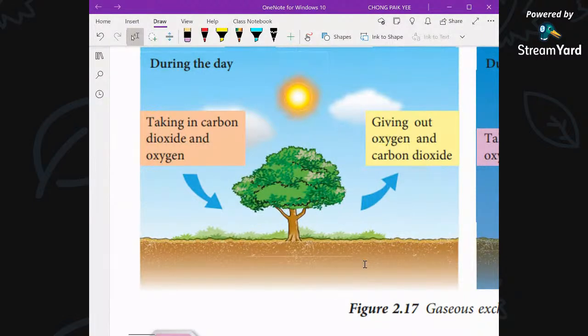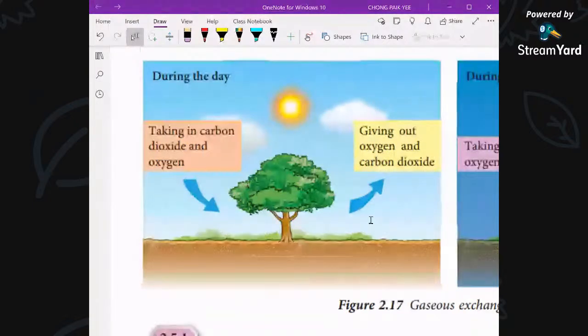Think about it. Is that the only process the plant carries out during the day? Yes or no? A lot of students have the idea that, oh, in the daytime plants carry out photosynthesis only. So they totally forget about respiration.